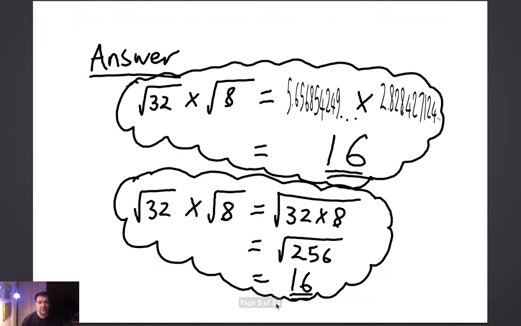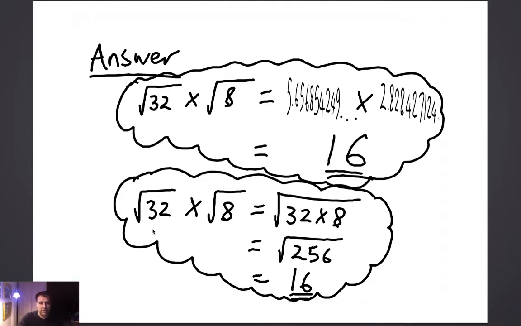So here are the answers, a little bit rough. I hope you paused the video. So from the decimal values, the root of 32 times the root of 8 is 5.6 something times 2.8 something. And when you do that, it should come to 16. Might be a little bit more or less because you rounded the values, but you should be able to see well enough to appreciate that it's 16.